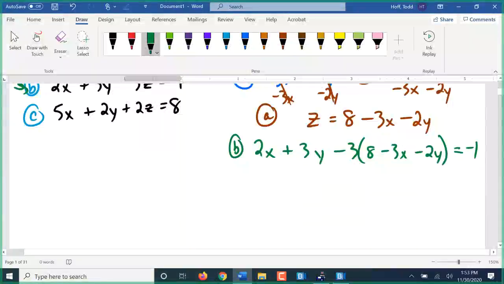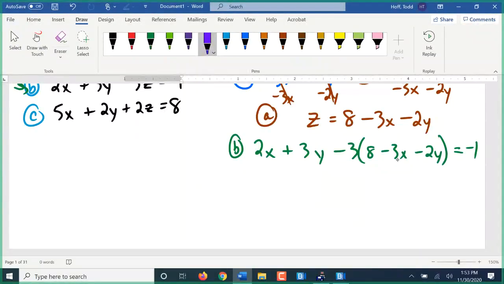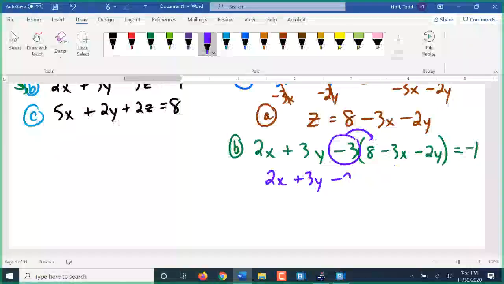So I have some combining I can do here. There's nothing I can combine inside the parentheses, so I'm going to multiply by the negative 3. So my 2x and 3y are just going to come down. Nothing to do with those quite yet. Negative 3 times 8 is a negative 24. Negative 3 times negative 3x is a positive 9x.